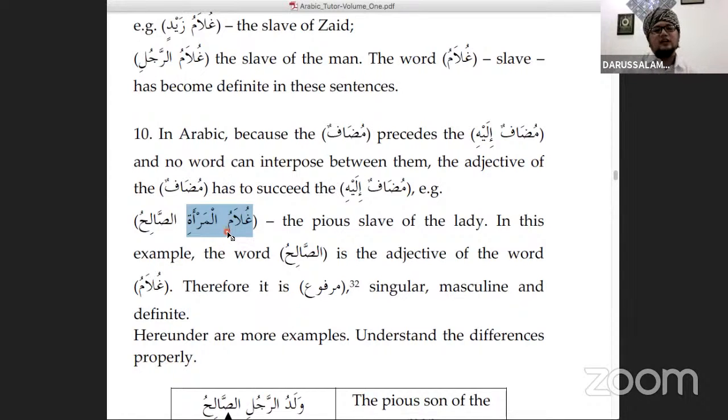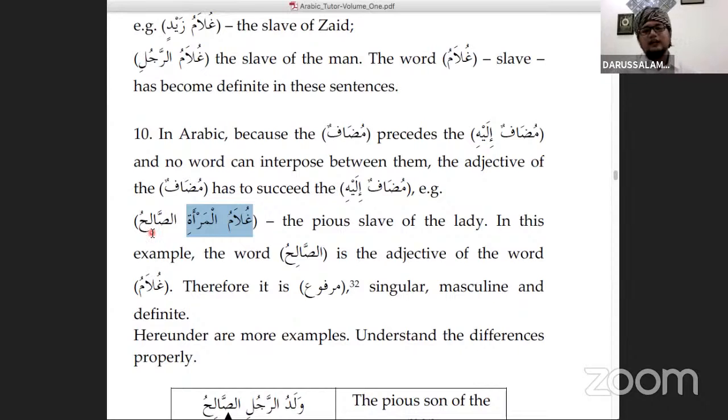Good. Now we want to put an adjective. Kena nak letak sifat bagi ghulam. Okay. Adjective for ghulam. So, we say ghulamul mar'ati as-salihu. See?